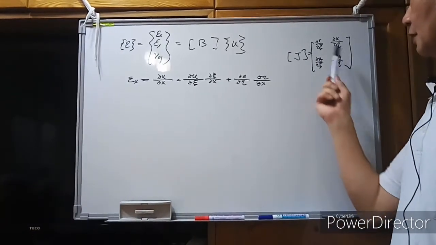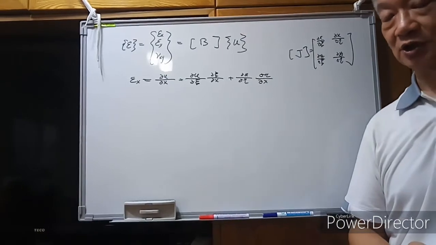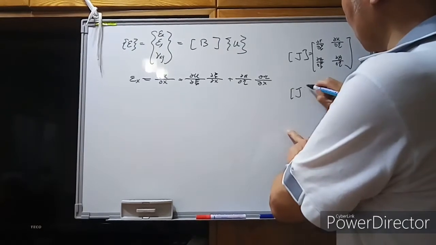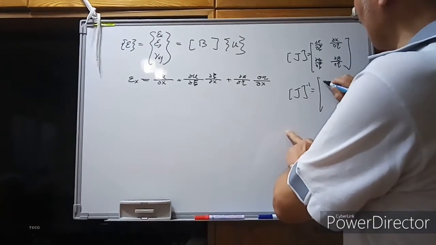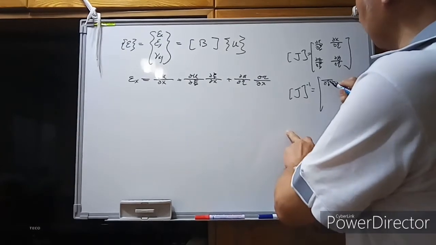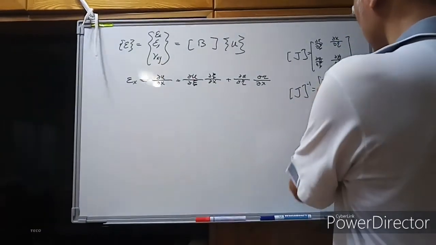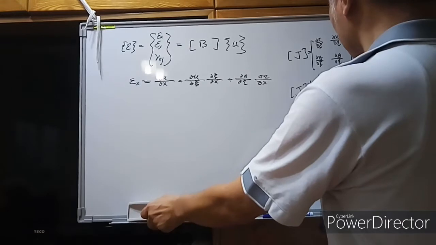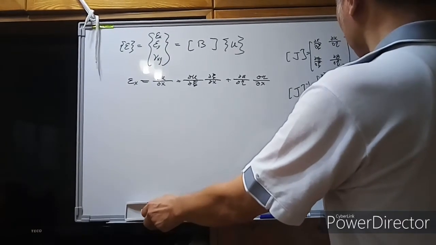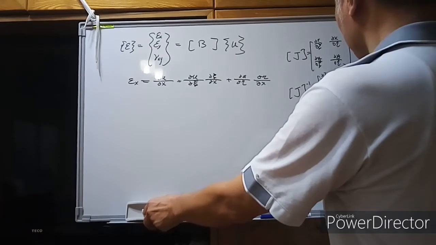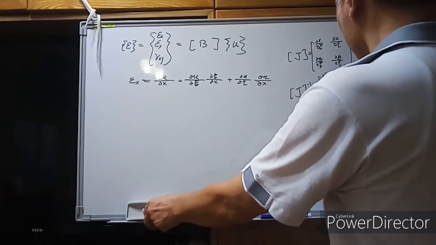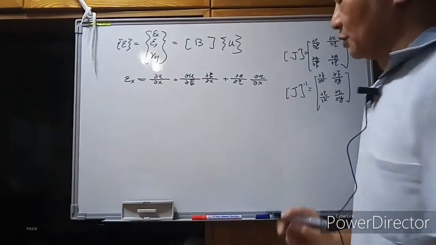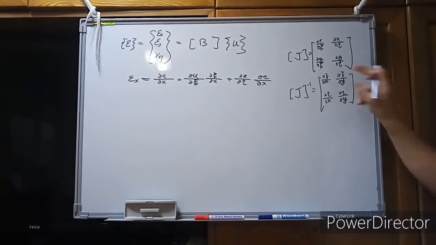Then we can use these four real numbers to calculate the J inverse. If we can calculate the J inverse in real numbers, we know all these four terms.